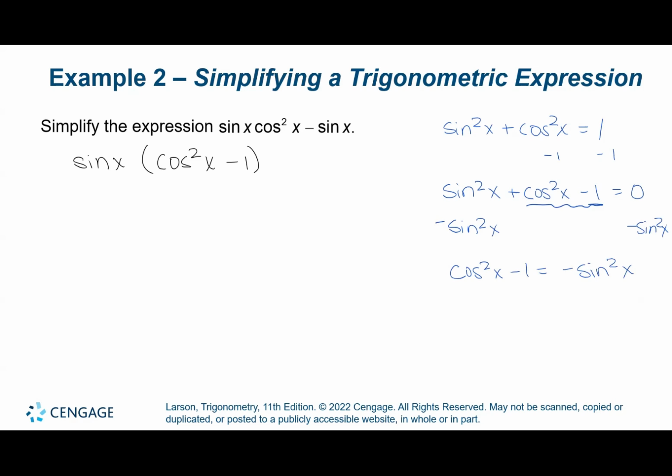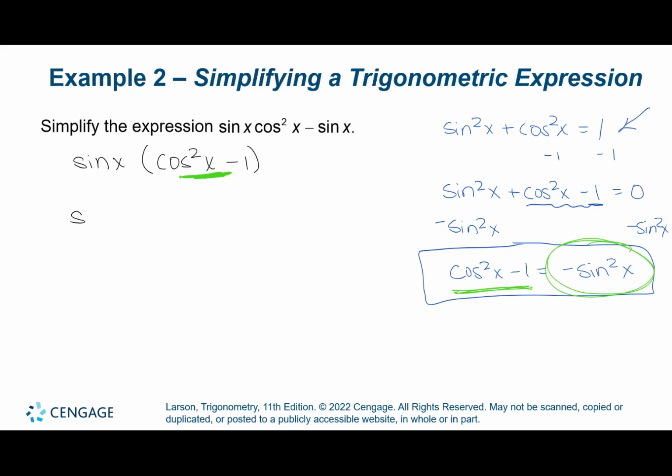And now this is still true. This is an identity because I got it directly from this identity. But I can see more clearly the substitution here. I can take out cosine squared plus minus 1, and I can replace it with negative sine squared x.